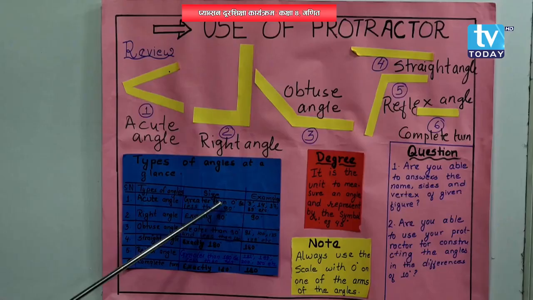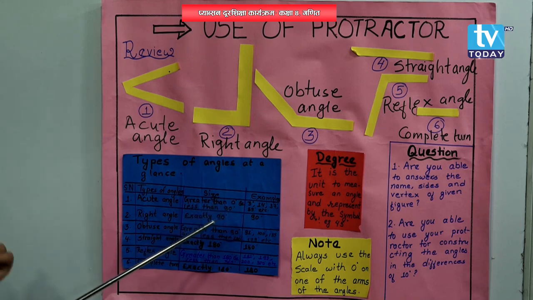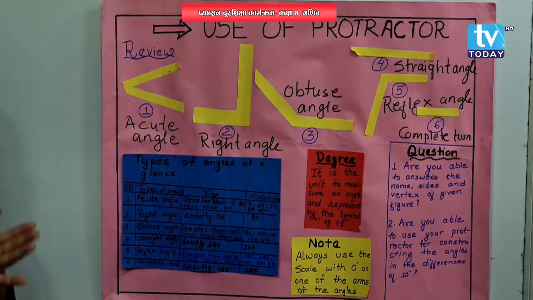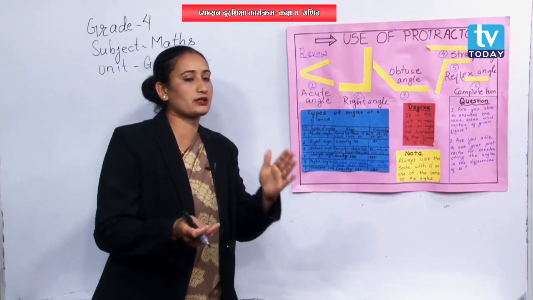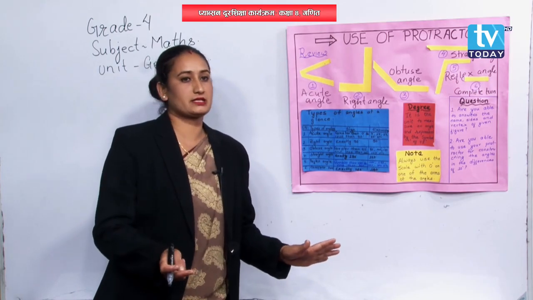It's greater than 0 degrees and less than 90 degrees. Can you write it in your notebook? Of course. So we can give an example. Greater than 0 degrees means it starts from 1, 2, 3, 4, 5 and ends at 89. Whatever comes in the middle doesn't matter.